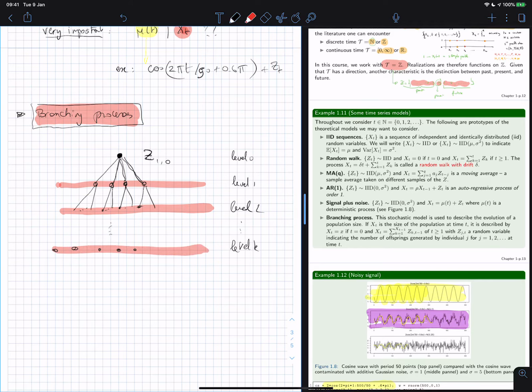And then we would be interested in the random variable X_t, which would be what? Well, we sum up at each level. So here we have Z1 up to Z41, and so on and so on. At each level t, the number of persons present in the population is made up by all the offspring generated by all the persons present at time t minus 1.